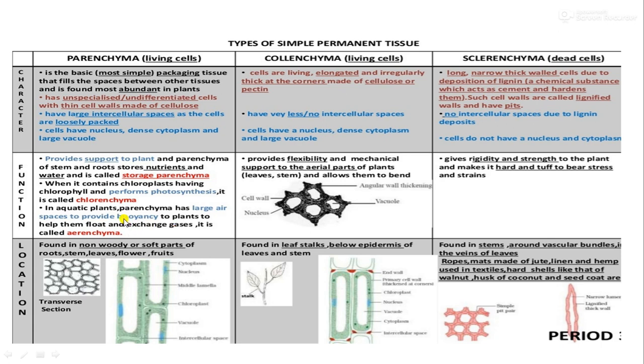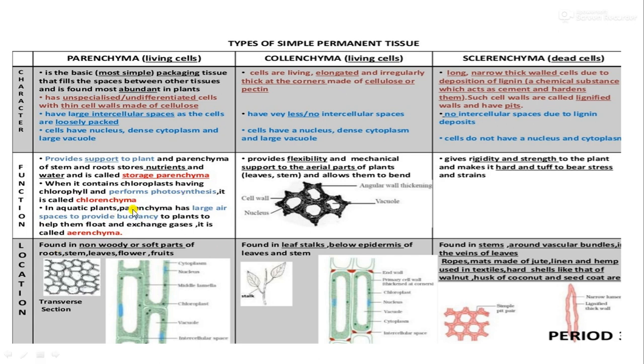The parenchyma containing air spaces is called aerenchyma. So the modifications of parenchyma are chlorenchyma, which contains chlorophyll pigments, and aerenchyma, which contains air spaces. These are some of the modifications of parenchyma.